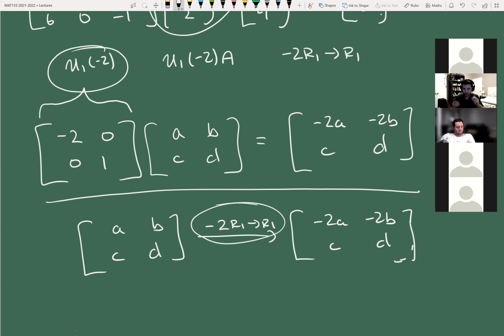So if I plug in the values of c and i in this case, U1 negative 2 times A should perform the row operation negative 2 row 1 into row 1.